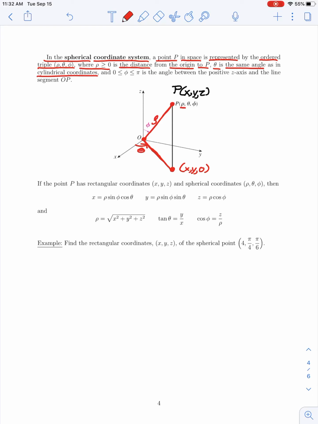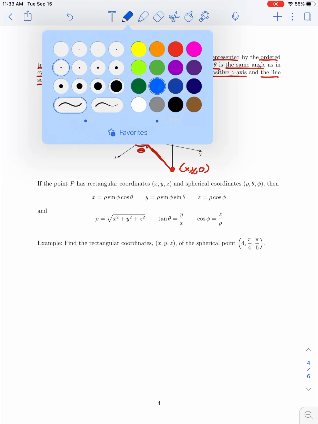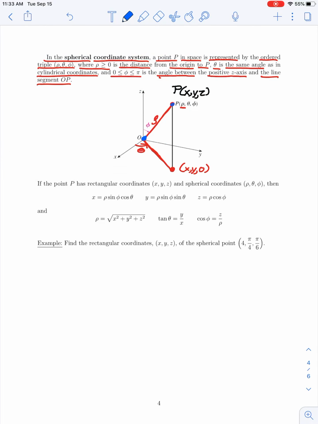And our last value is what we call phi, which is some value between 0 and pi, which represents the angle between the positive z-axis and the line segment connecting the origin to the point P. So here, again, our line segment from the origin to the point P is this line segment.